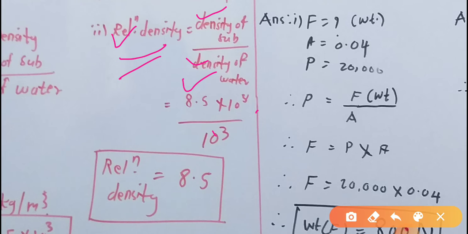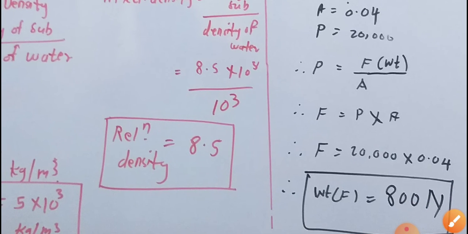Density of water is given as 10 raised to 3. So 8.5 into 10 raised to 3 upon 10 raised to 3. This 10 raised to 3 and this 10 raised to 3 cancel each other. So what remains? 8.5. Therefore, relative density is 8.5. It has no unit because relative density doesn't have a unit. So these are the two examples.